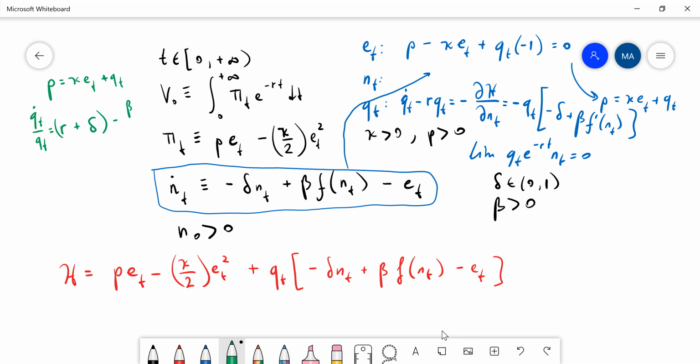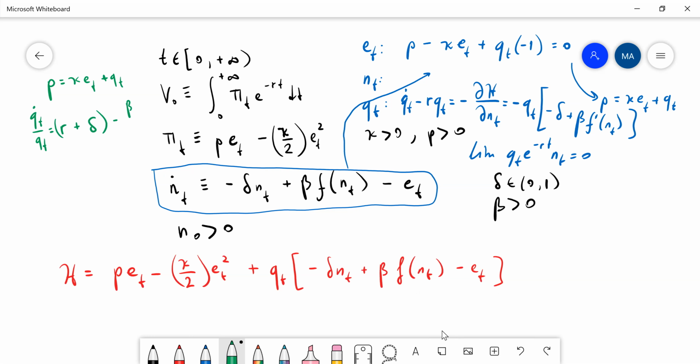Then you have the state equation. Now, again, what you do is replacing using this equation, you can replace ET in this way. So it is P minus QT divided by kappa, right?